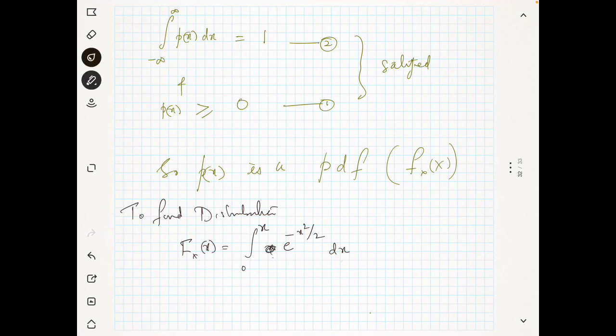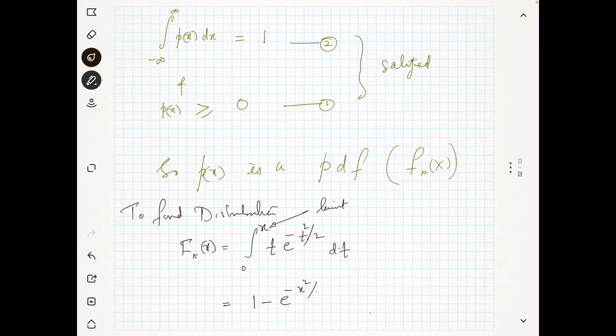So what we will do, I will use another variable t, so e power minus t square by 2, and dx will be with respect to t. If you integrate this, you will get 1 minus e power minus, and after putting the limit x, all this t will be removed and the final answer will be in x.